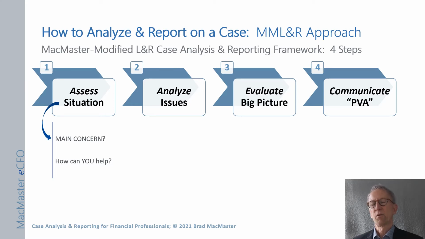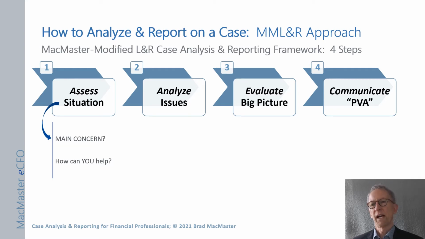This is key for 2 reasons. 1, it is the client's focus and even their preoccupation, and addressing it explicitly impacts client satisfaction. Secondly, the main concern is often the factor that aids us in choosing among potential alternative solutions to the smaller issues, problems, and opportunities that you'll identify in step 2.